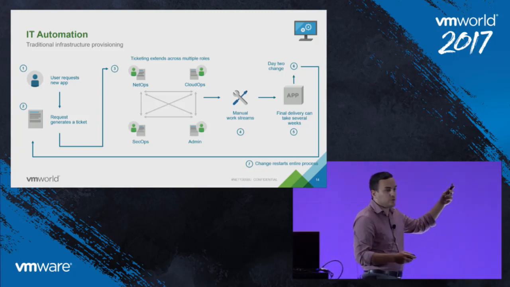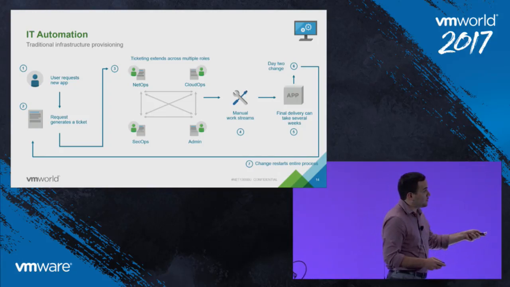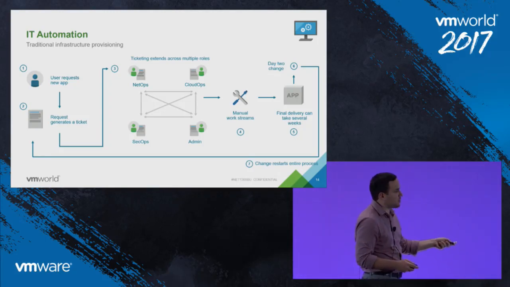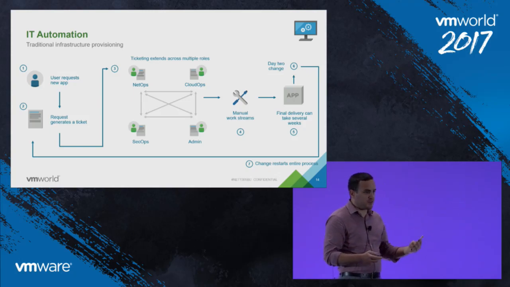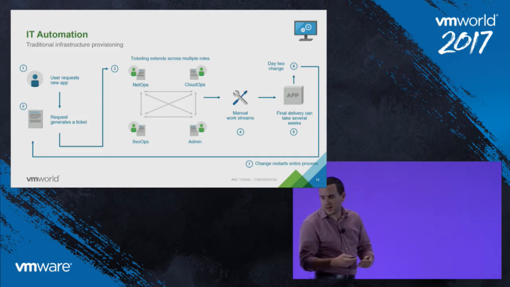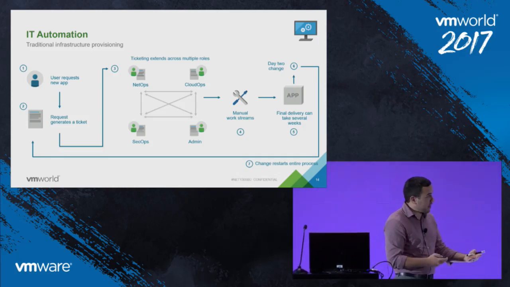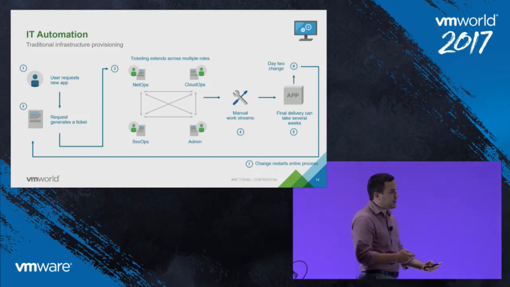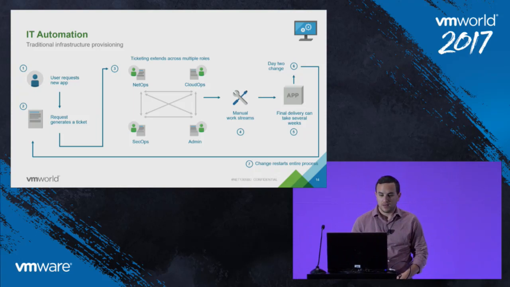So it starts with a user requesting a new app. This is going to generate a ticket, and it's going to go through all these teams. Again, not an exhaustive list, just an example here. They're often different roles. They have different skill sets. They're working in silos, and it's just not an efficient process. And then it gets to that bottleneck again, and it's going to take days or weeks more to provision networking and security on top of all of this.